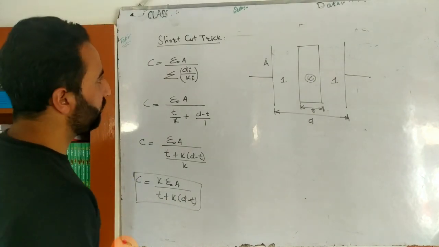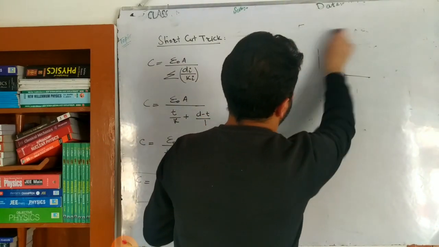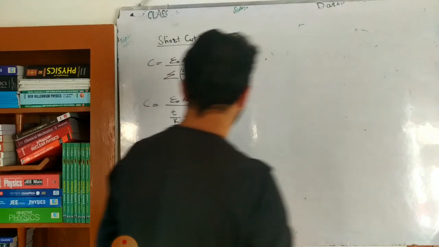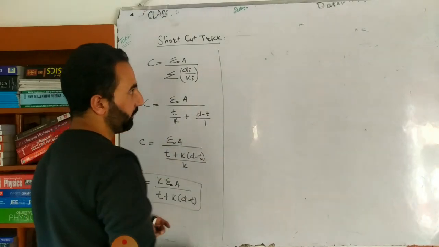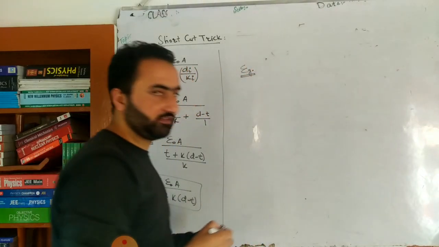Okay, let's do an example on this. Now look, beta. Okay, example is like this. For example, here we have, this is an important example, very important example.